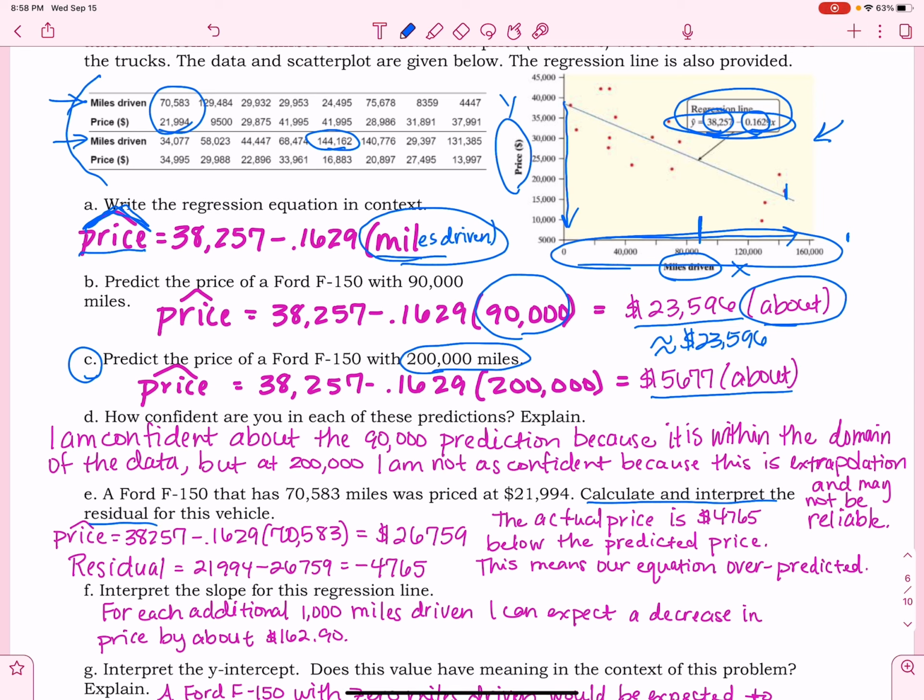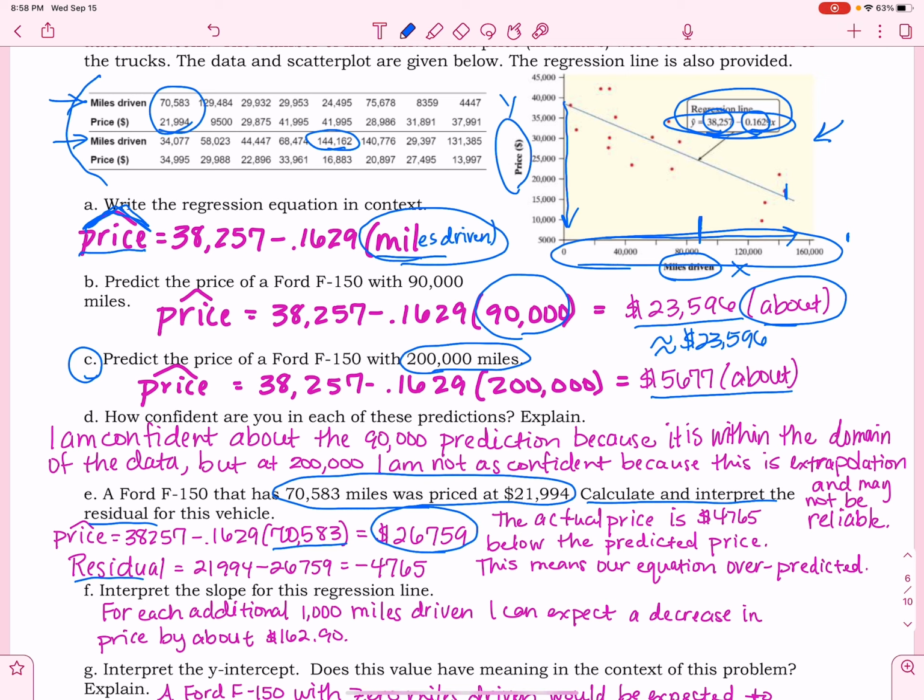That means we have to find the predicted Y because remember, a residual is the actual Y minus the predicted Y. So this is my actual ordered pair right here. So I'm going to take 70,583 miles and I'm going to substitute it into my equation so that I can get the predicted Y.